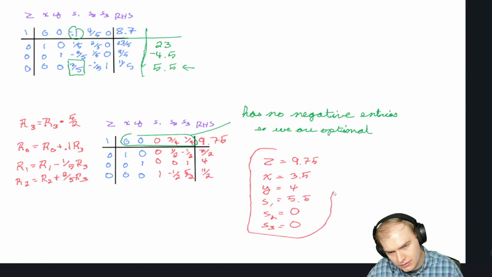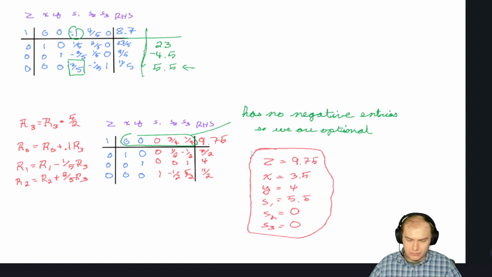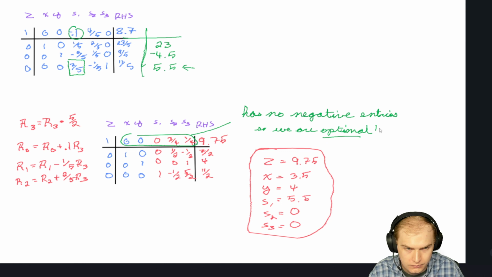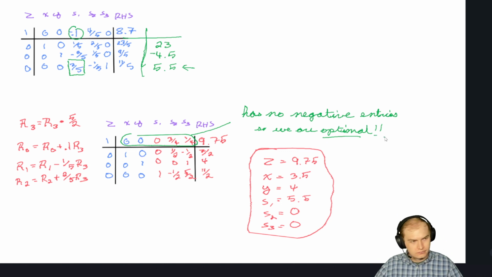And this is our optimal solution. And that's the same solution that we got yesterday, with, to my mind, a lot less hassle.